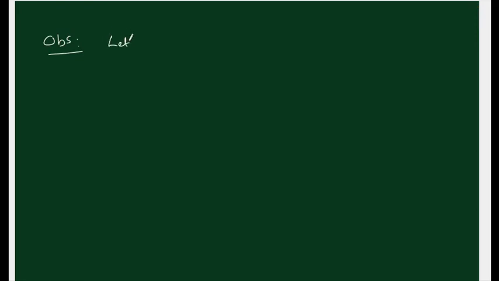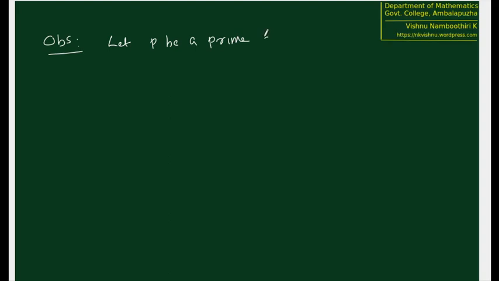Let p be a prime such that p divides n, then the largest power of p dividing, not appearing, dividing n factorial.